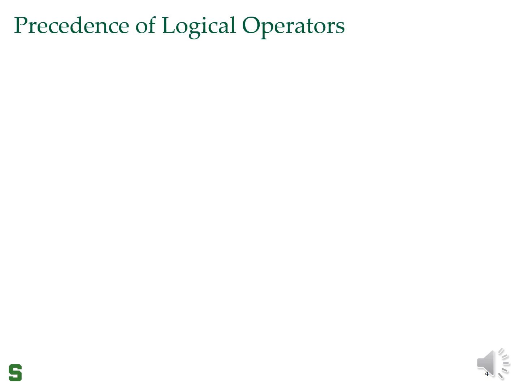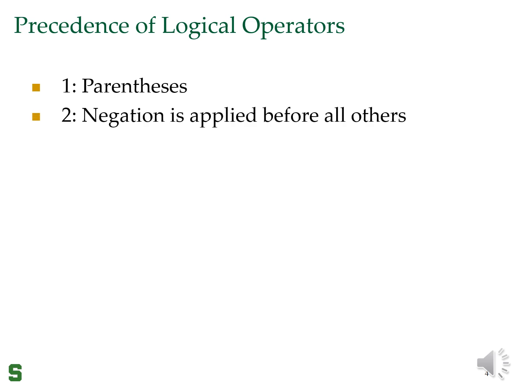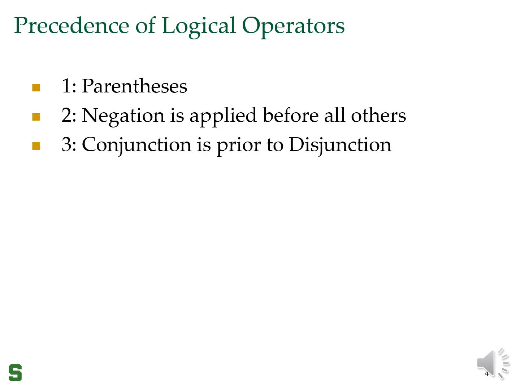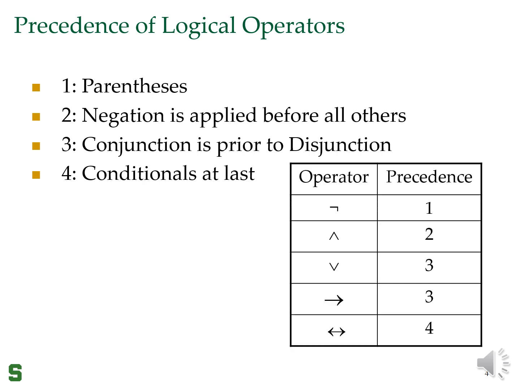Now, when we have multiple operators, it's a good idea to define precedence between them. The highest order is parenthesis, then negation, conjunction prior to disjunction, and conditionals are the last. You can have all this in a table. Negation is the highest operator after parenthesis, then conjunction, then disjunction, then implication, and equivalence.